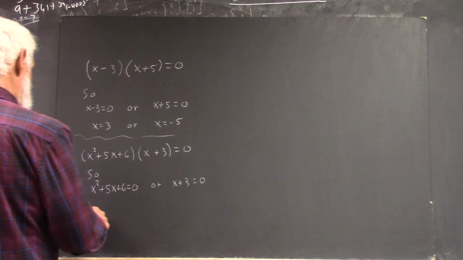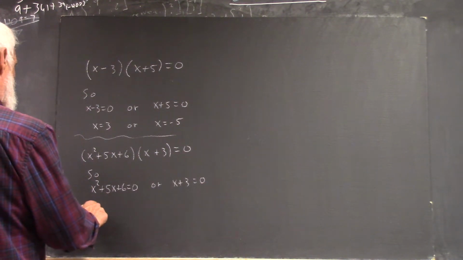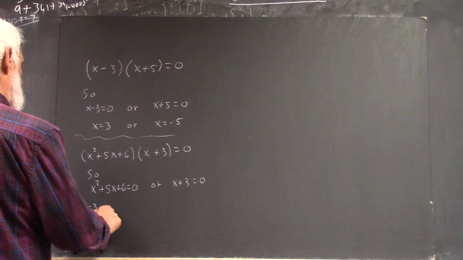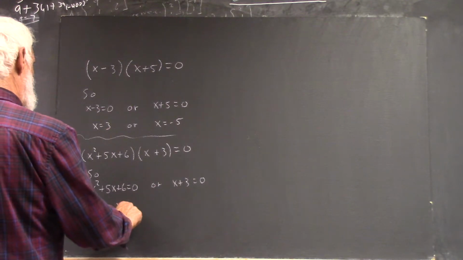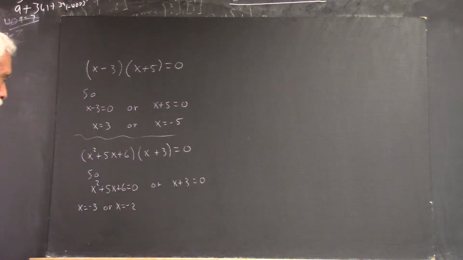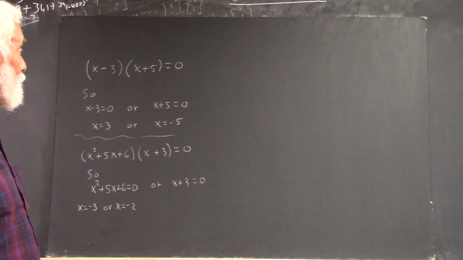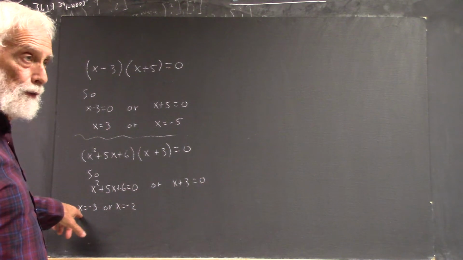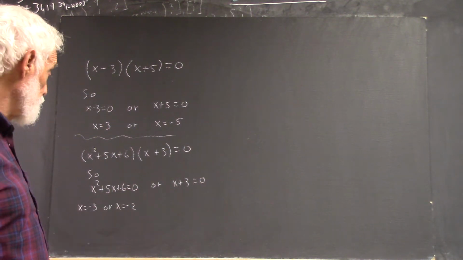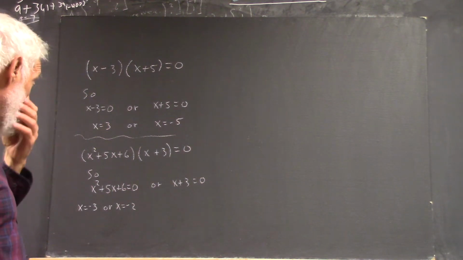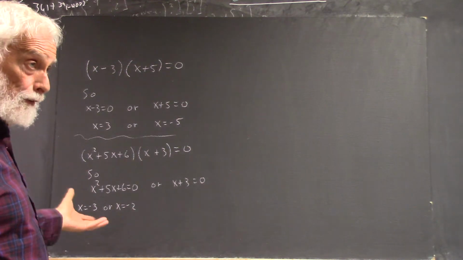So this factors into x plus 3 times x plus 2 equals 0, which gives you solutions x equals negative 3 or x equals negative 2. And you could have used the quadratic formula to get the same thing, okay?